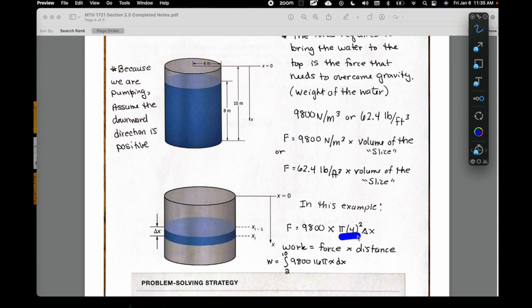So pi r squared, that's my area. And then I multiply it by the thickness of the disk, which is delta x, right? That's this thickness here. And then to find the force, I have to then multiply it by 9,800. Since we're using the metric system here in meters, I want to use the 9,800.